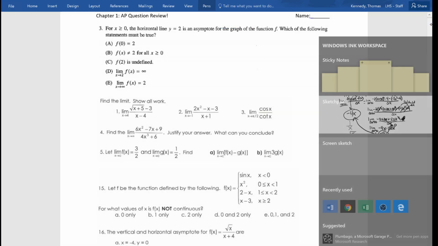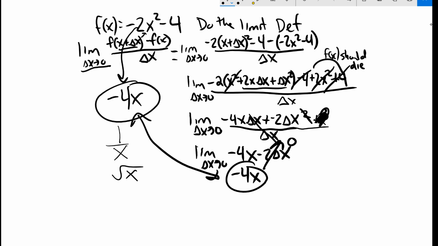So I want to go back to my sketchpad to do limits with logs. Limits with logs are super duper family friendly because most logs you don't know the answer to. So in most cases, you could just talk about how they're not defined at some points.